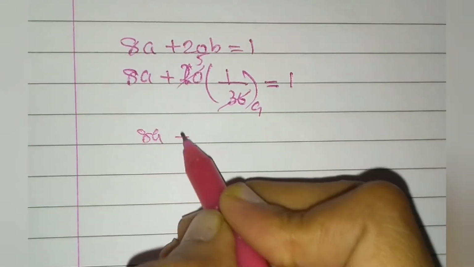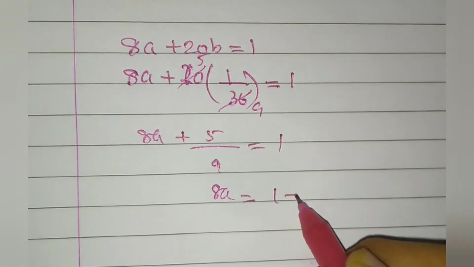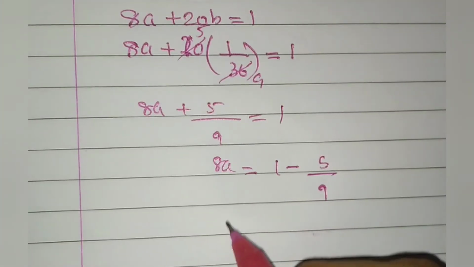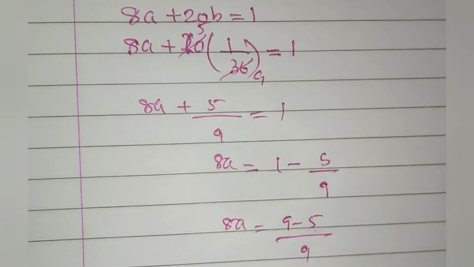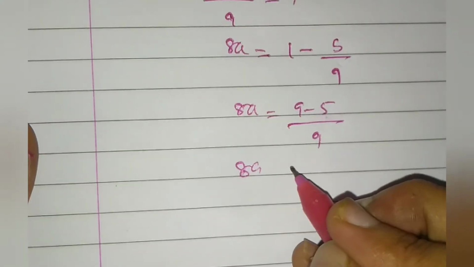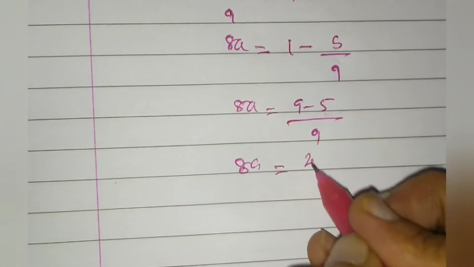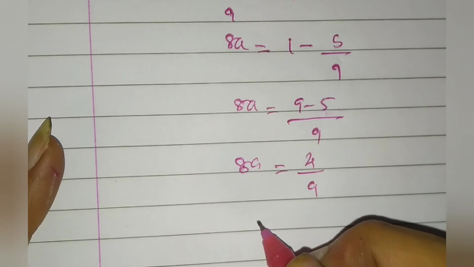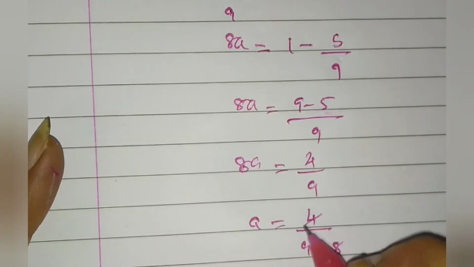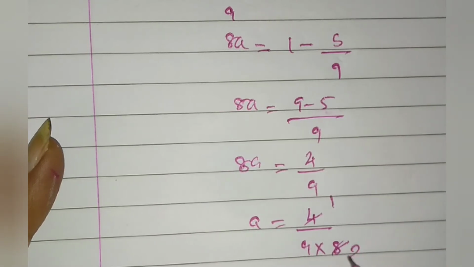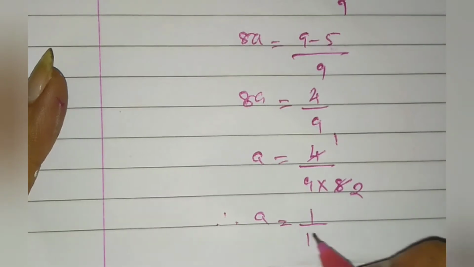So 8a plus 5 upon 9 equal to 1. 8a equal to 1 minus 5 upon 9. So 8a equal to 9 minus 5 upon 9. 8a equal to 4 upon 9, and a equal to 4 upon 9 into 8. 4 1s are, 4 2s are. Therefore a equal to 1 upon 18.